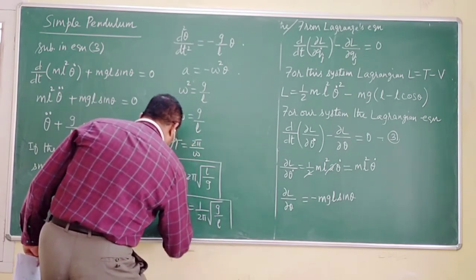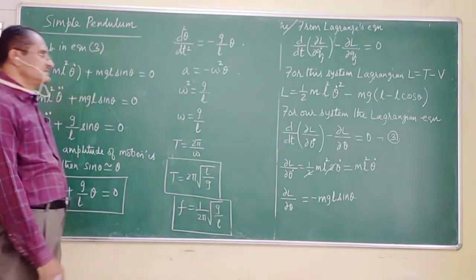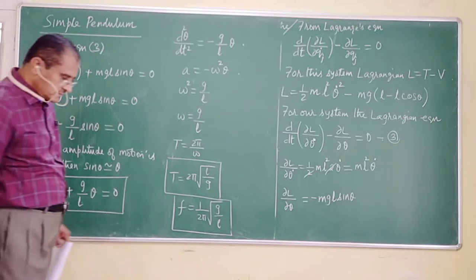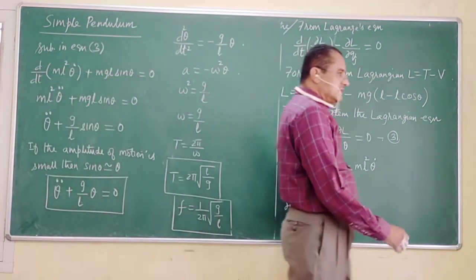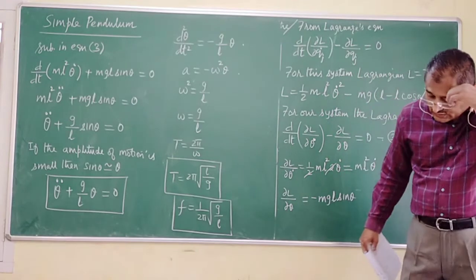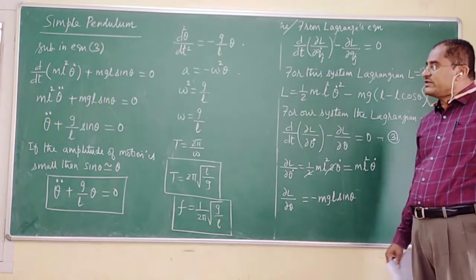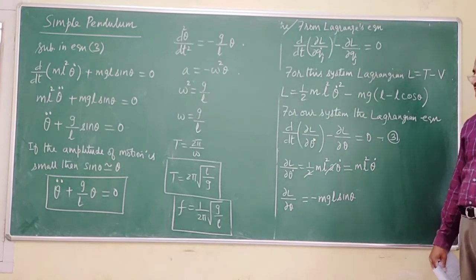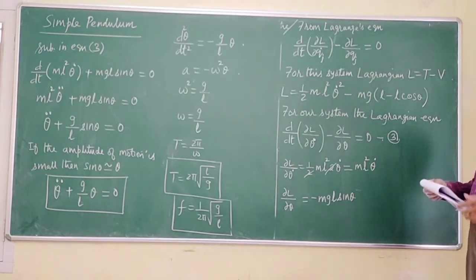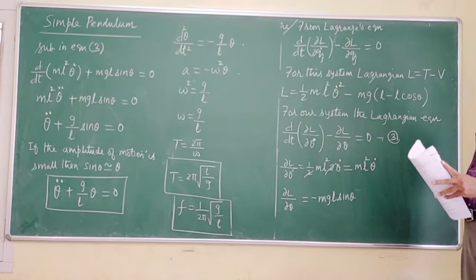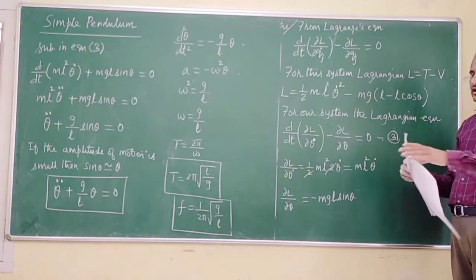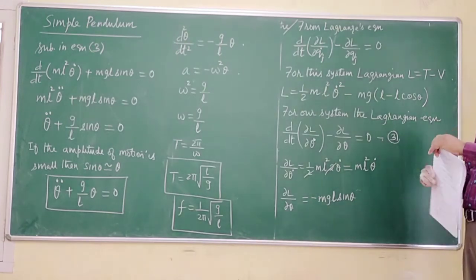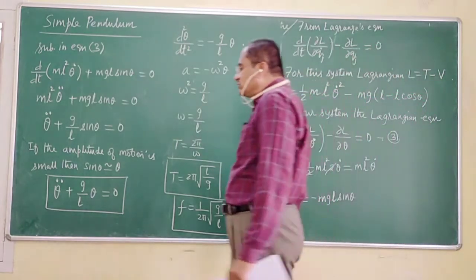That will be the expression for frequency. This is how we apply Lagrange's equation to arrive at the equation of motion of a simple pendulum. Is that okay to you, sir? If this is okay to you, we go into the next application, compound pendulum.